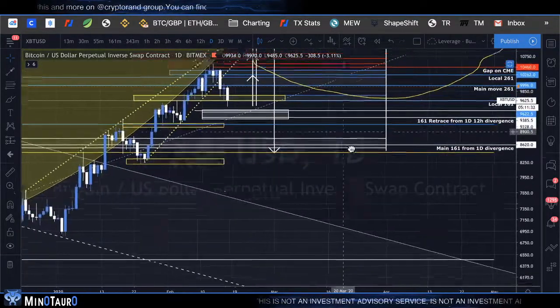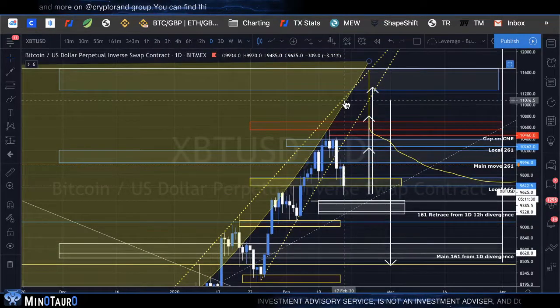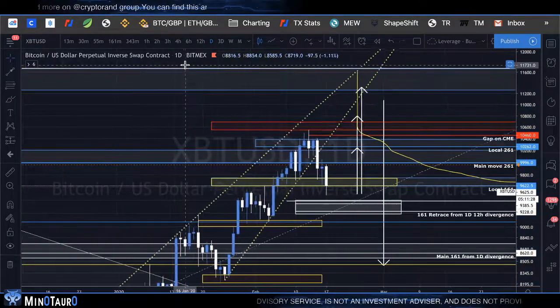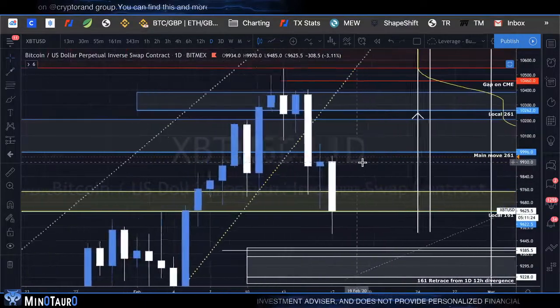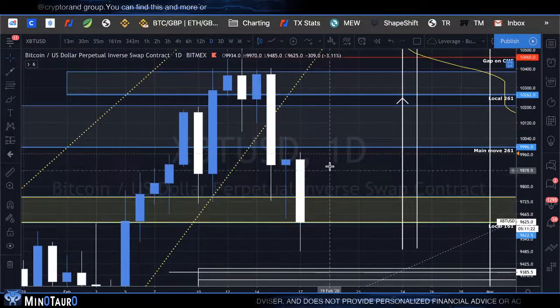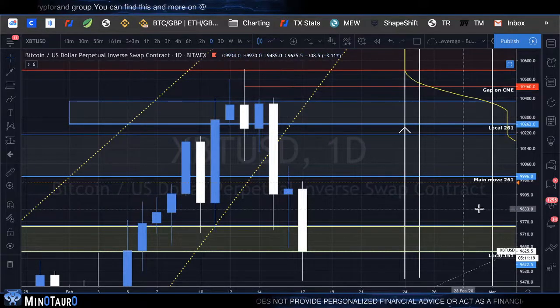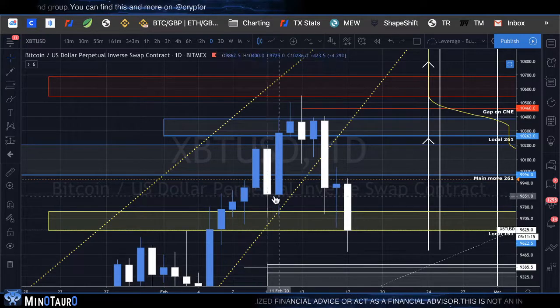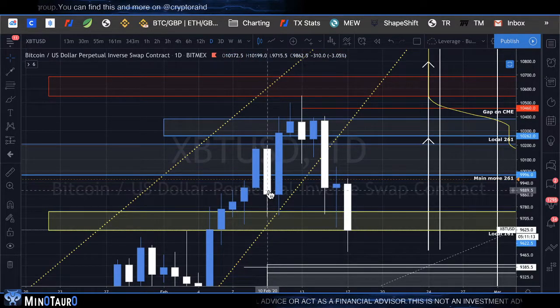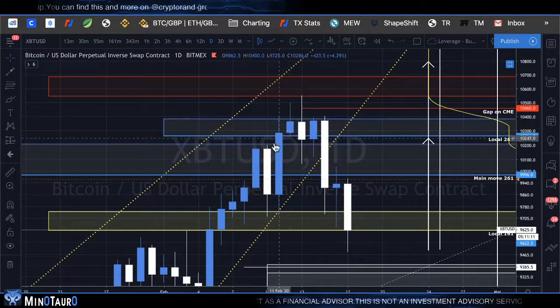Another thing I have to tell you. We had here a divergence, I said, no? And you can see that yesterday night we did this fantastic candle and it closed over the closing point of the divergence.